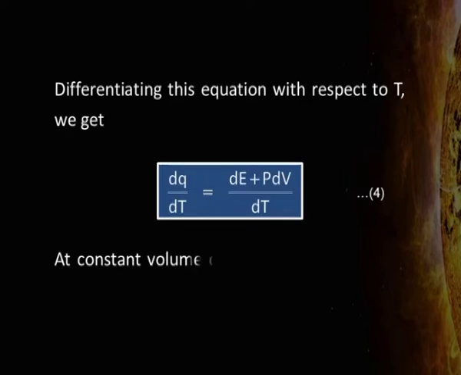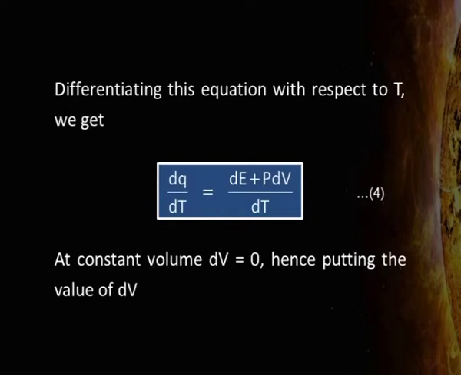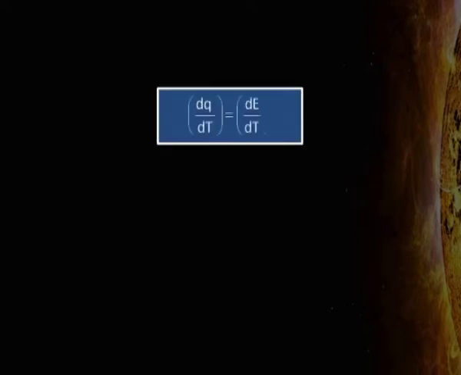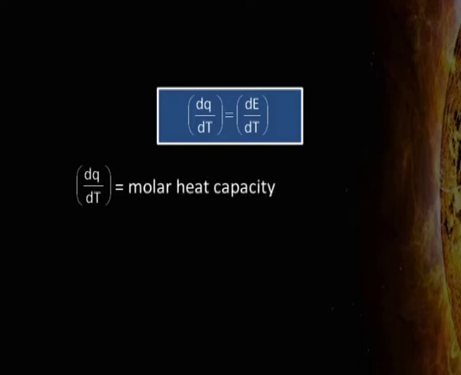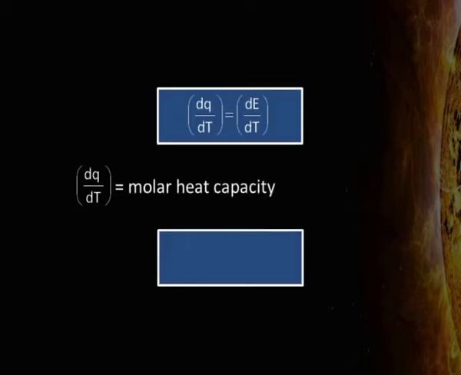At constant volume, dV will be equal to 0, hence putting dV equal to 0, we get dQ by dT equal to dE by dT at constant volume. As dQ by dT is equal to molar heat capacity, therefore, molar heat capacity at constant volume will be equal to dE divided by dT at constant volume.